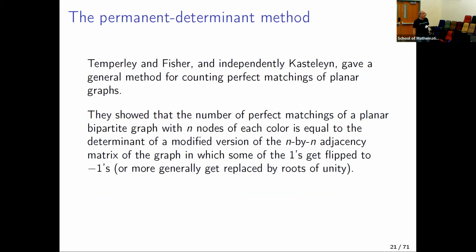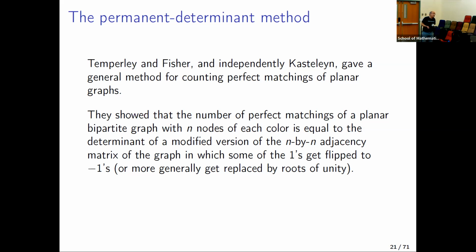Now, there's a general method which takes all problems about perfect matchings of planar graphs and reduces them to another problem, namely computing a determinant. And this is the permanent-determinant method, or if you've got a non-bipartite graph, on the next slide you'll see what that's called.